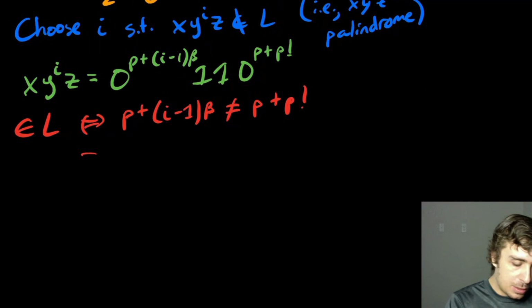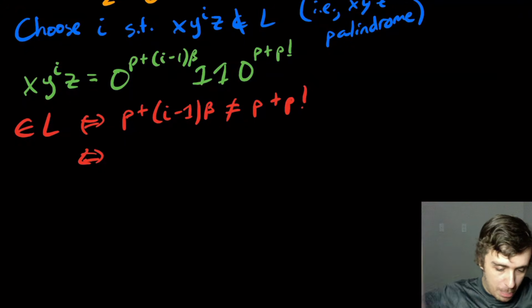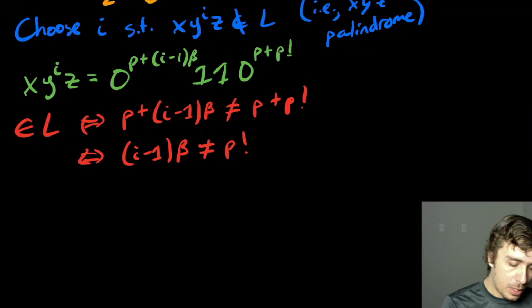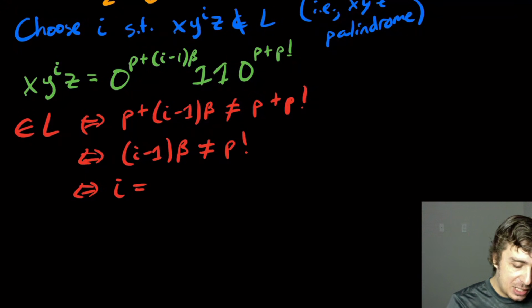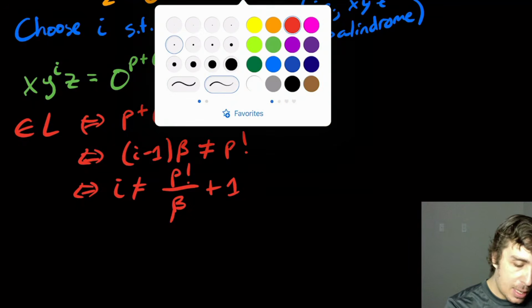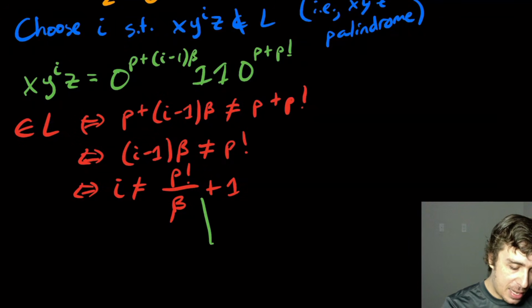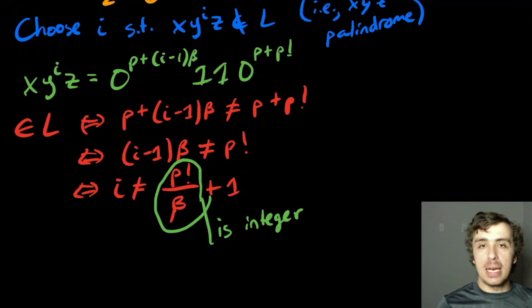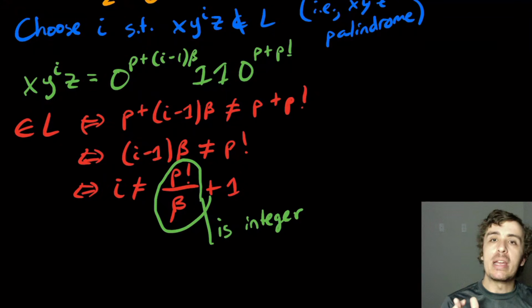If and only if, subtracting P from both sides, I minus 1 times beta is not equal to P factorial. That means if and only if I is not equal to P factorial over beta, plus 1. And it's important to note that this quantity right here is an integer. Why is it an integer? Because beta is between 1 and P.